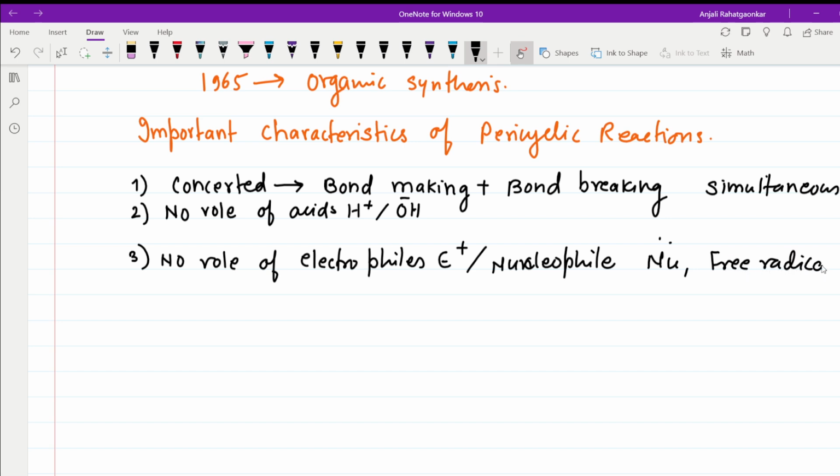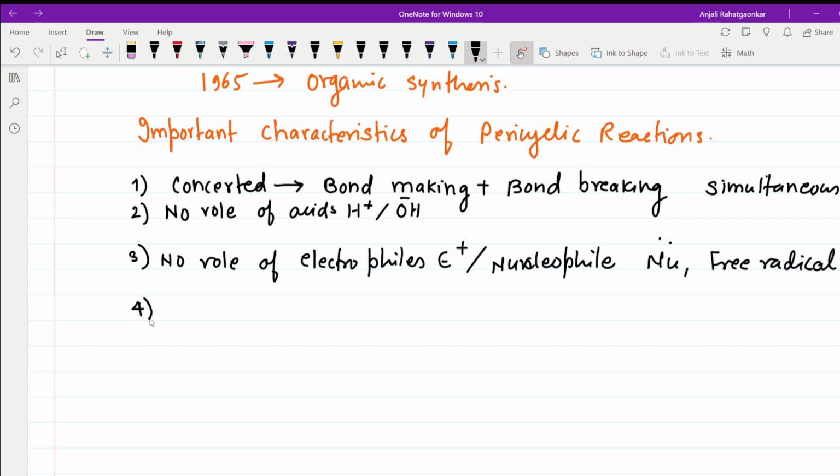I have already explained that the reaction doesn't follow the classical path. It doesn't require any electrophile, nucleophile, or free radical. It is totally different from the rest of the reactions, the ionic reactions or the free radical reactions. The mechanism is totally different.